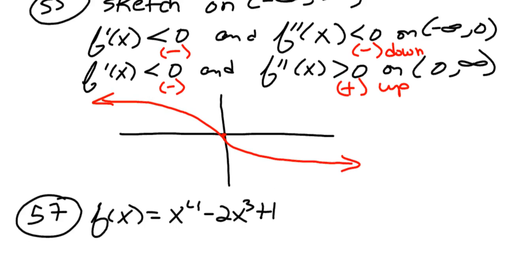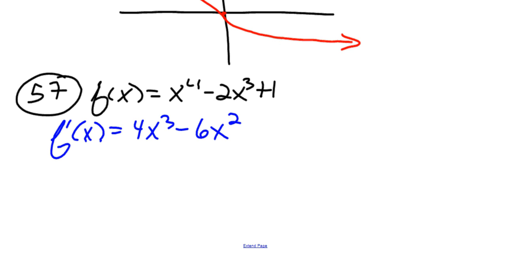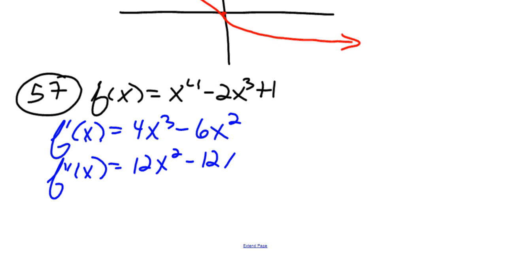So if we're going to go ahead and test for concavity, let's try doing 57. And we're going to take the first derivative of this function, and then I have to take the derivative again. Find the second derivative, and I have 12x squared minus 12x.